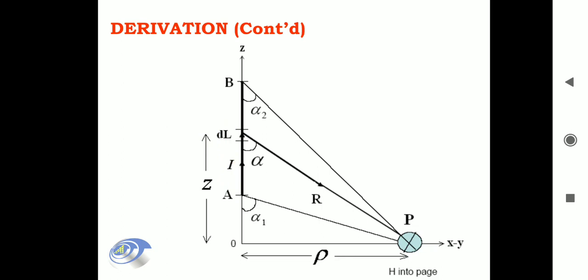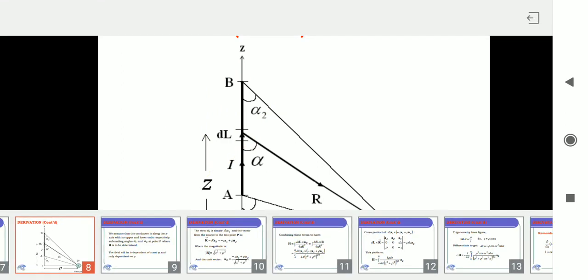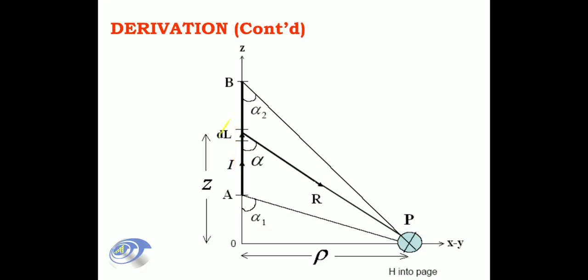The conductor is placed such that one end is at z equal to a, and the other end is at z equal to b. Considering a differential length dl along the z-axis, I can now find the dl vector. This dl vector I can write as dz into the az vector for that particular point.